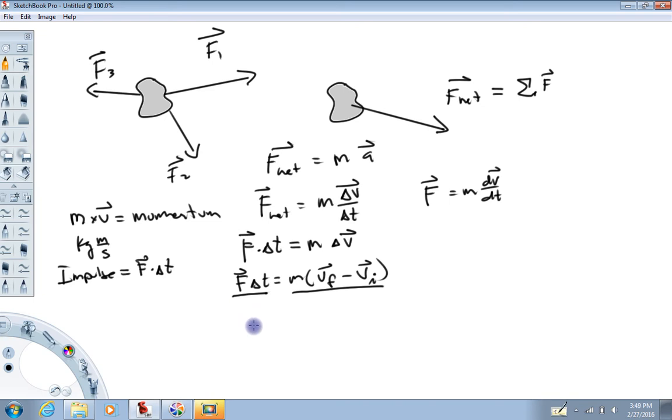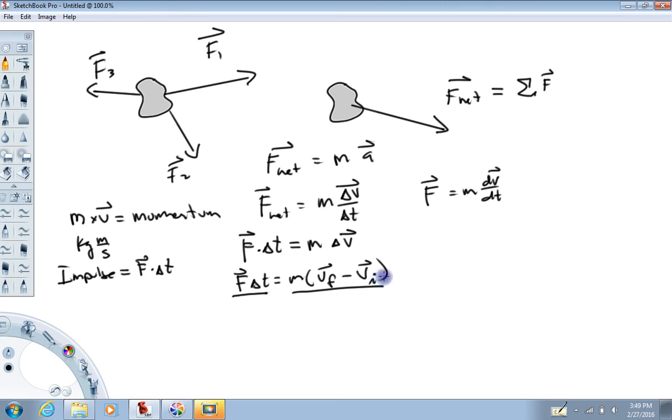However, there are big differences to realize. Work is force times distance, whereas impulse is force times time. That's one big difference. So work has units of Newton meters. Impulse has units of Newton seconds. But another major difference is this: impulse is a vector quantity, and so is momentum. In work energy methods, work is not a vector, it's a scalar. Same thing with kinetic energy.